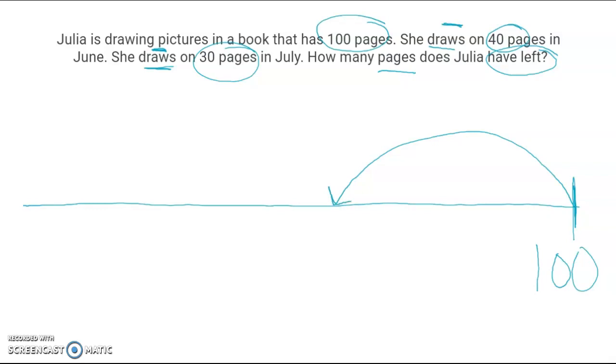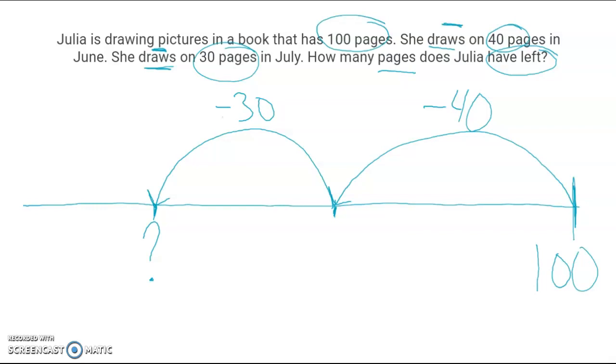June, she drew on 40 pages. So she used 40 pages. And that's where she landed. Then she picked her book back up, and in July, she used, so I know I'm subtracting 30 more pages. And where I land should be how many pages Julia has left to use in her notebook.